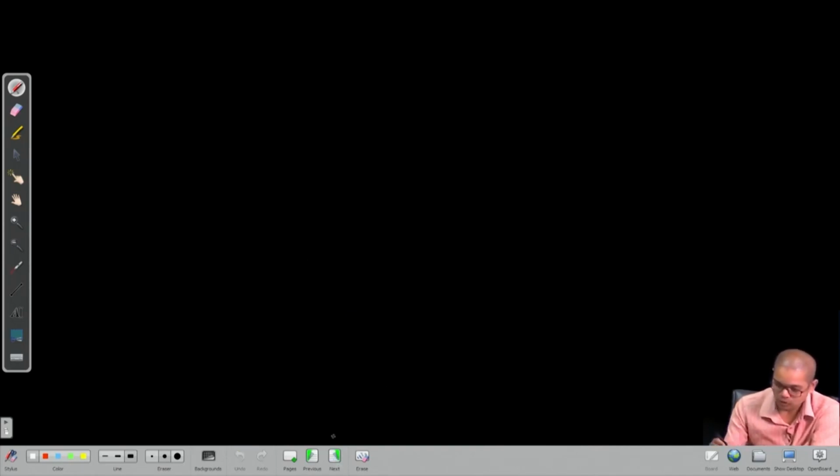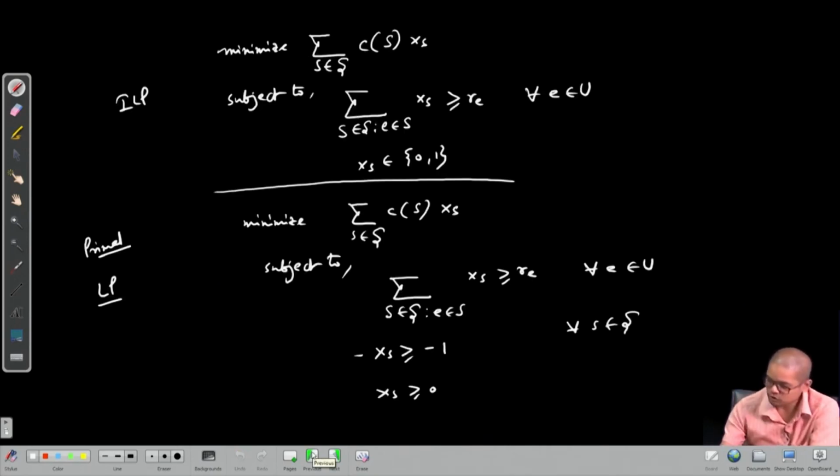Now let us write its dual: maximize. Now we have more constraints, so I multiply the constraint for every E in U with a variable Y_E, and for each S the constraint minus x_S is greater than or equal to minus 1 is multiplied with Z_S.